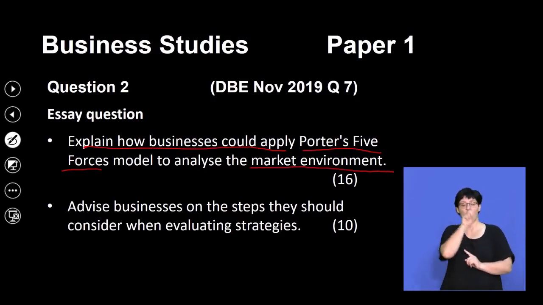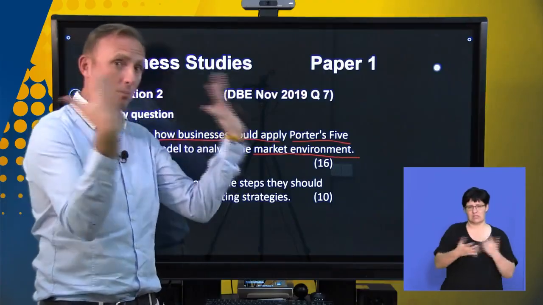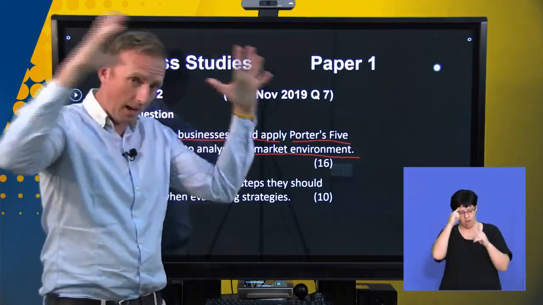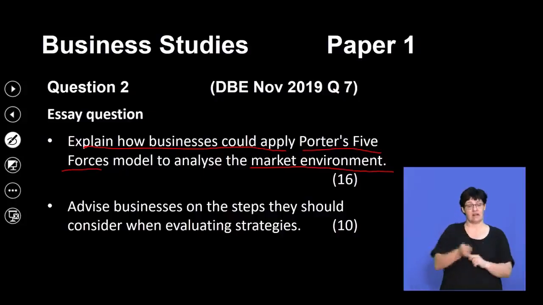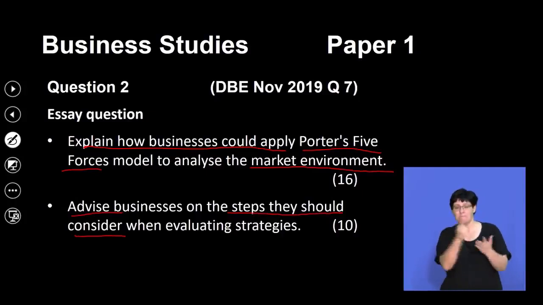So you can see the questions are already mentioning the macro environment, market environment. So we have to make sure we get our head around the different business environments. And then the final question is, advise the business on the steps they should consider when evaluating strategies.